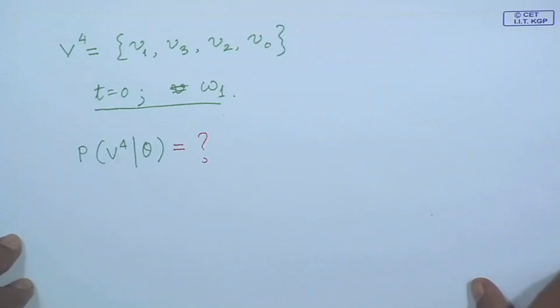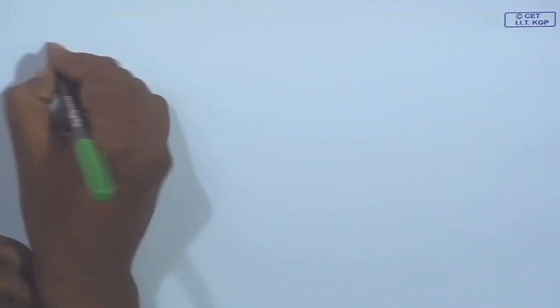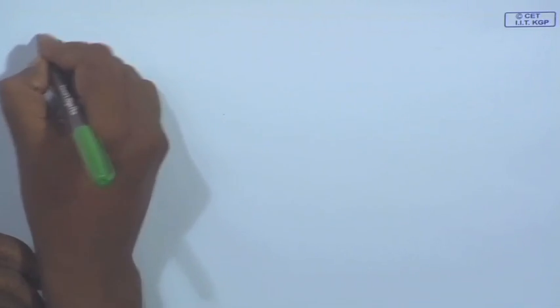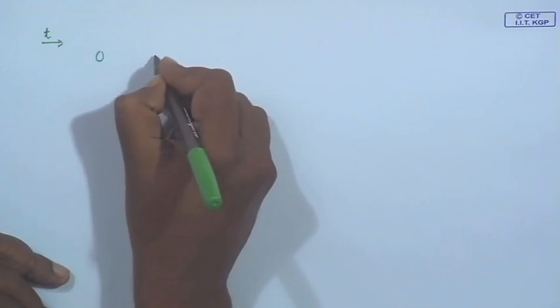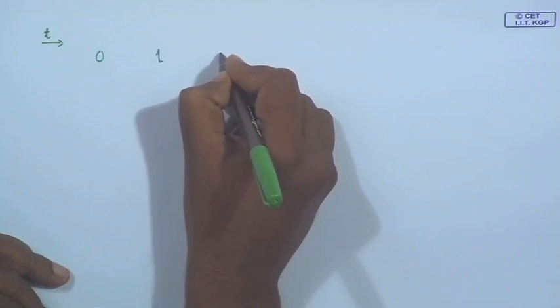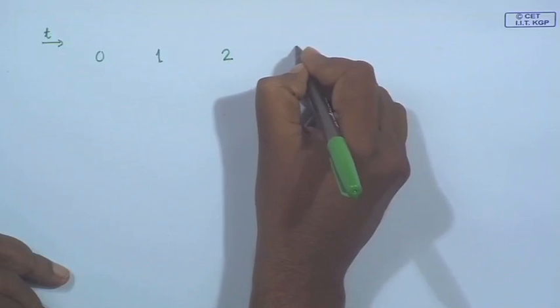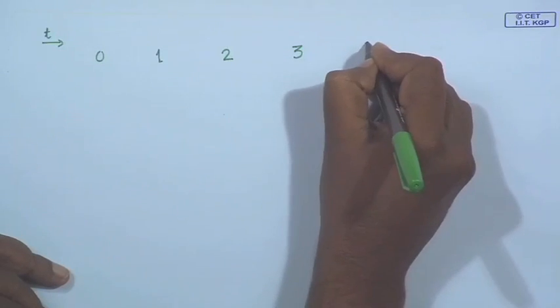So, in order to solve this problem, let us have a diagram which is called trellis diagram. At different instants of time, I put t in this direction: t equal to 0, t equal to 1, t equal to 2, t equal to 3 and t equal to 4.